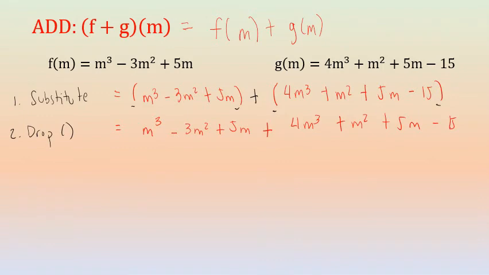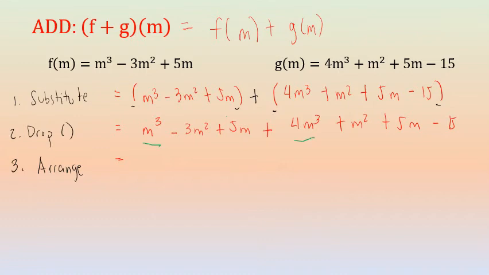Next, what's our next step? Arrange. Correct. So, natututunan nyo na class. Arrange it wherein the term with the highest exponent is on the leftmost part of our function. So, what is the term with the highest exponent here? We have m cube and 4m cube.